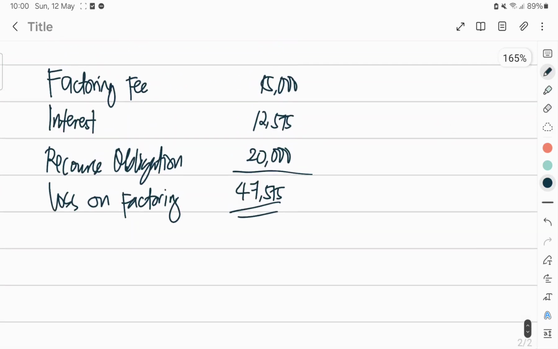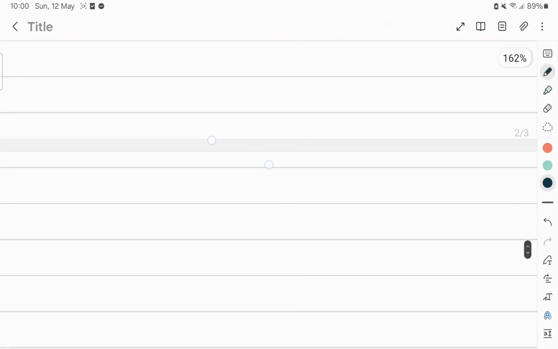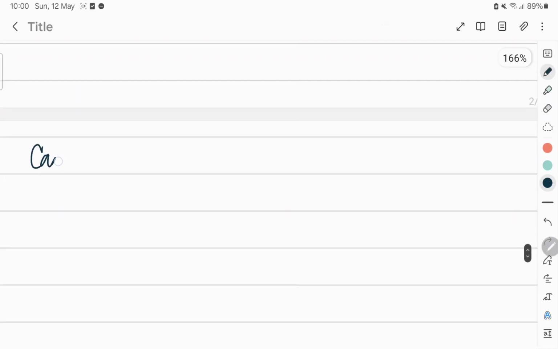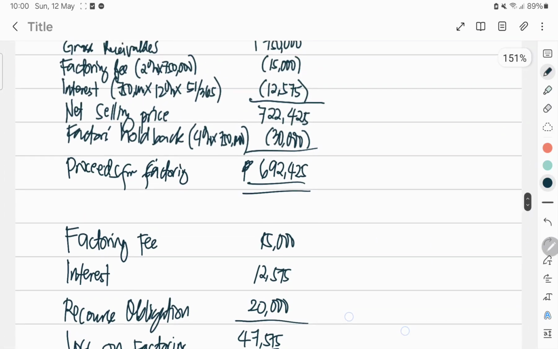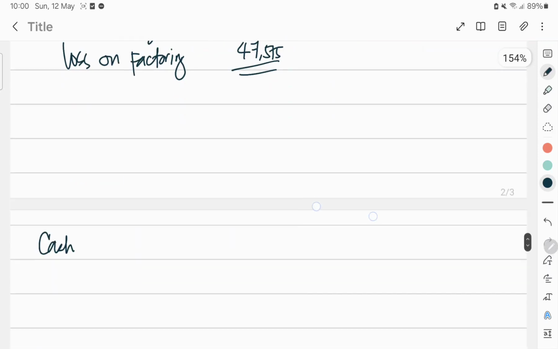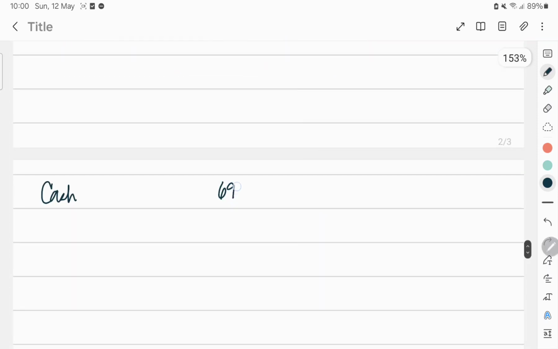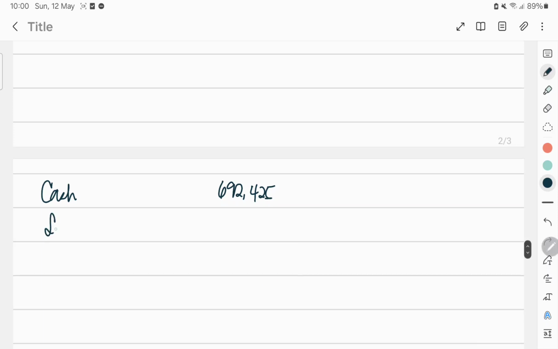So, paano ba siya gagawing entry? Okay, ganito entry. Debit cash. Okay, how much cash are we going to receive? 692,425. And then, since this is not a casual factoring, so spell out natin yung mga expenses. So, we will debit also due from factor, or you can also use receivable from factor.